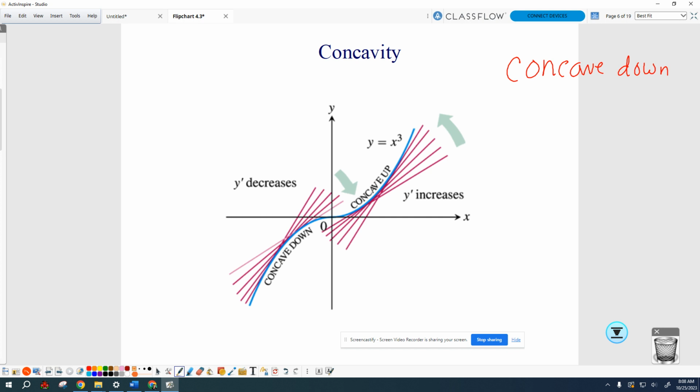Concave down makes a frown. And concave up is like your cup. It makes a cup.